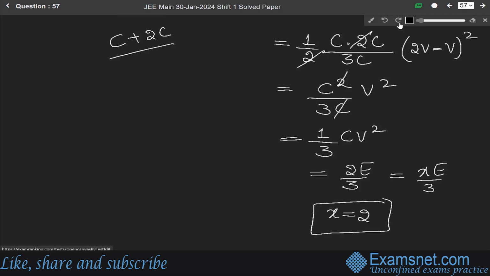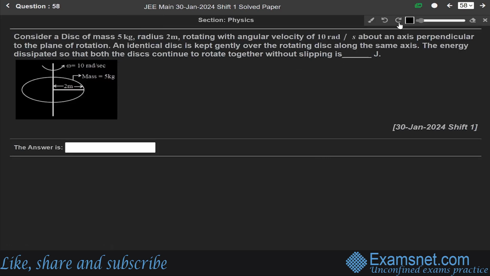Okay. Now next, 58. Consider a disk of mass 5 kg, radius 2 meter, rotating with angular velocity of 10 radian per second about an axis perpendicular to the plane of rotation. An identical disk is kept gently over the rotating disk along the same axis.